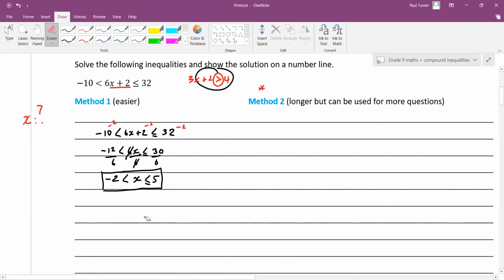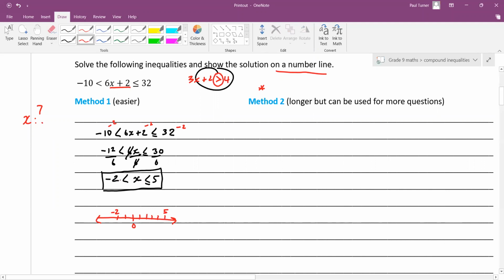If we wanted to do our number line for the solution, which you should do here, you make a number line. We're going from -2. Let's put in a 0 somewhere. -1, -2 is here, and up to 5: 1, 2, 3, 4, 5.